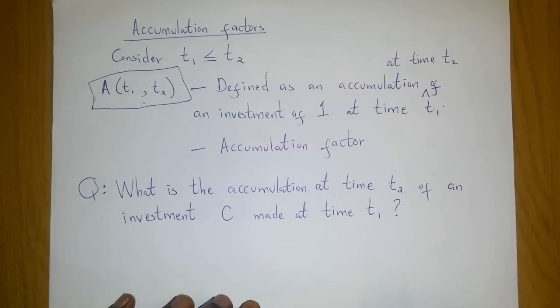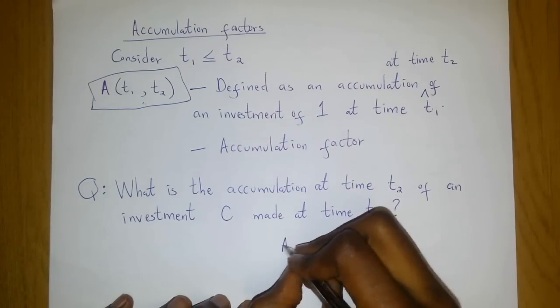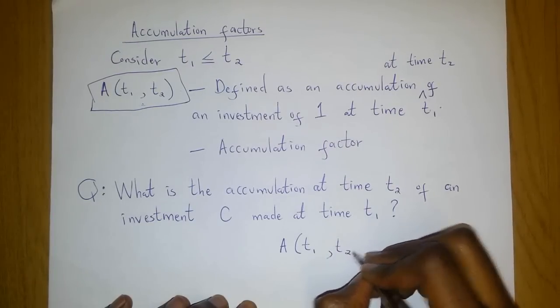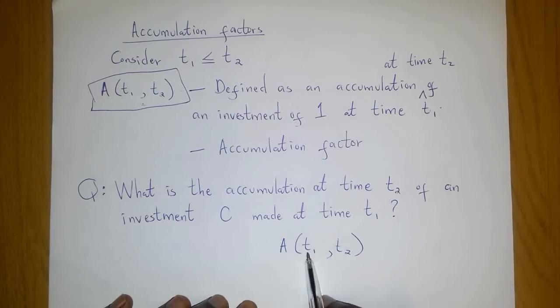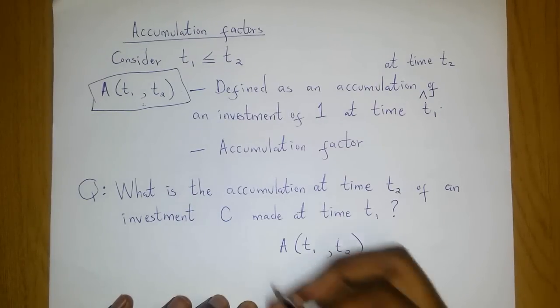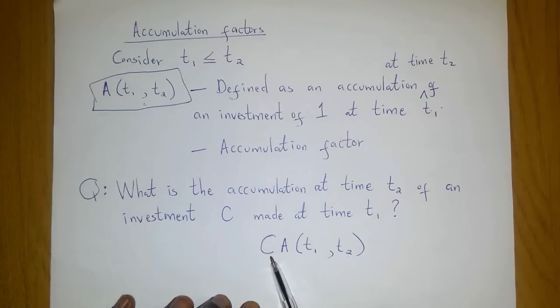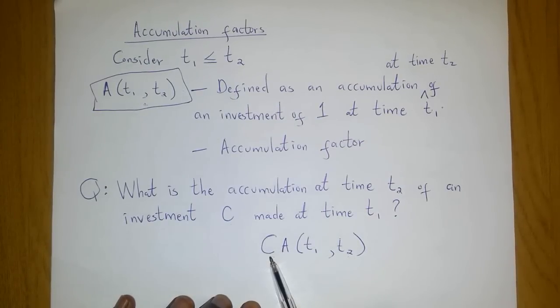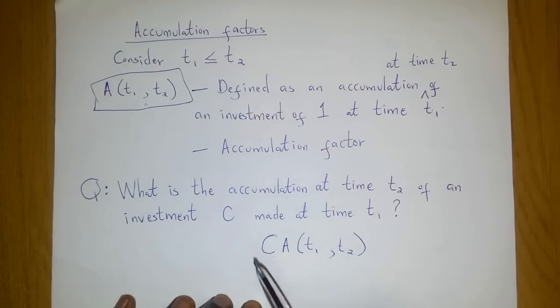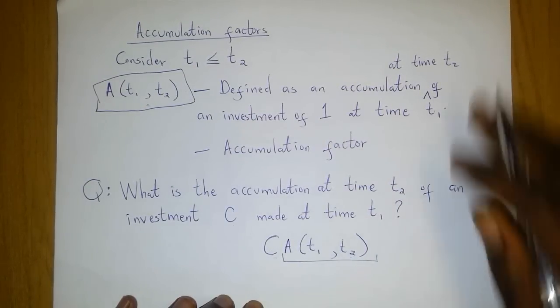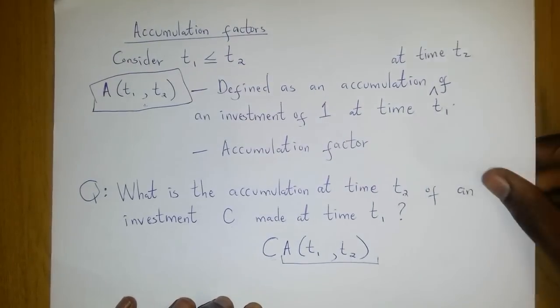Quite simply, you write down your accumulation factor, the investment at time T1 and its value at time T2, and to find the accumulation you simply multiply it by the value of the investment. So this C could be 500, 1000, whatever you're investing, and then this bit here is your accumulation factor.